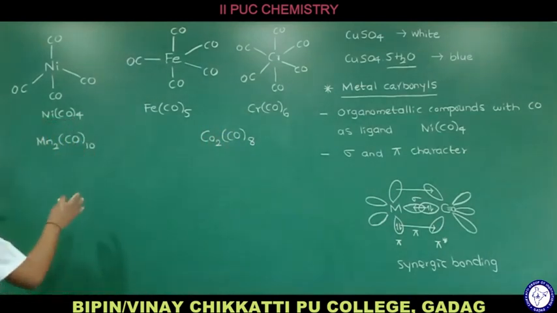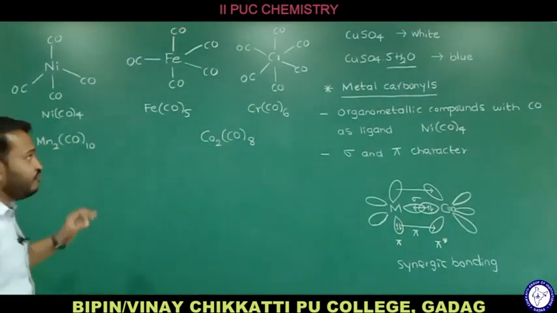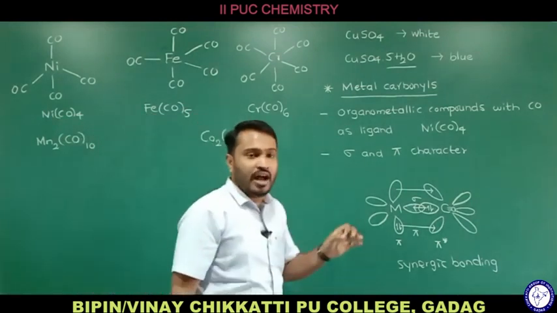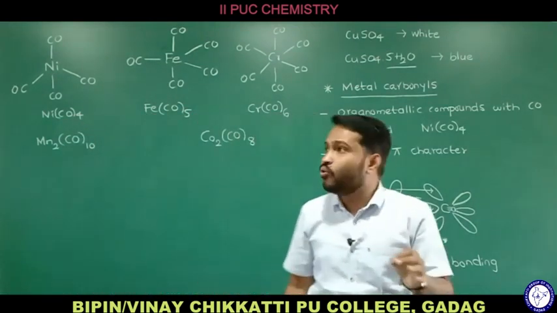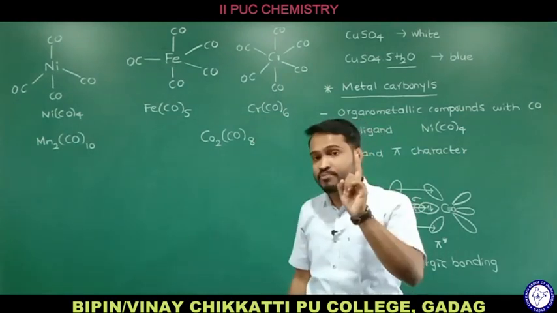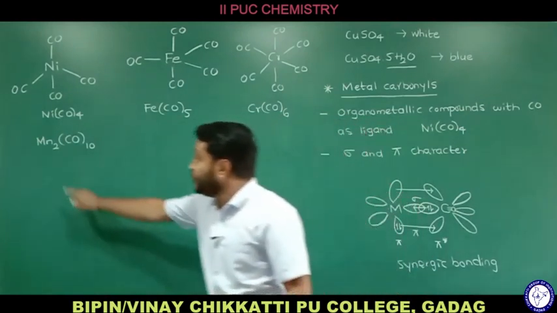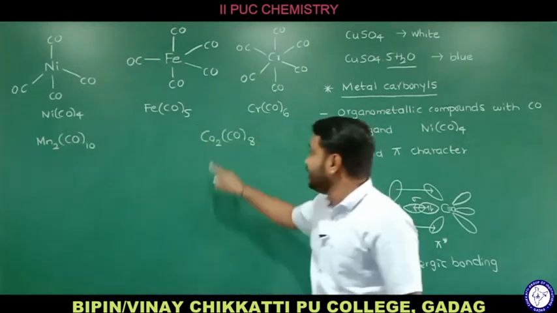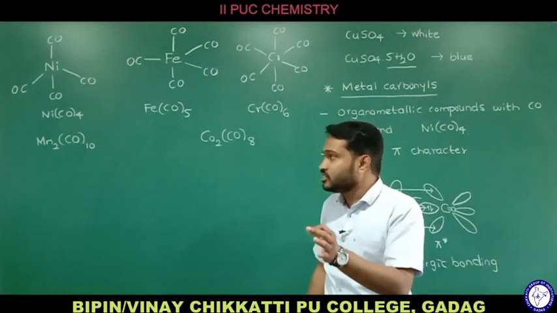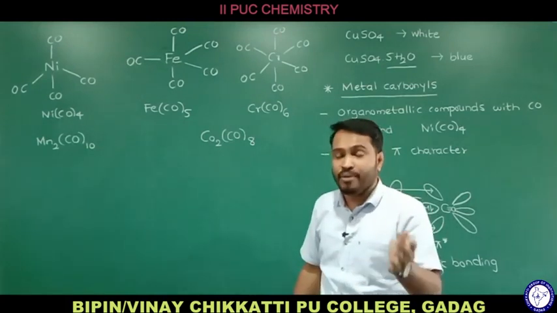Now I am going to draw the diagrams of these two. If you observe the previous three diagrams I have written above, in all these cases we have only one central transition metal atom, whereas here we have 2 Mn and here 2 cobalt, which ultimately suggests that there is a bond between metal and metal.